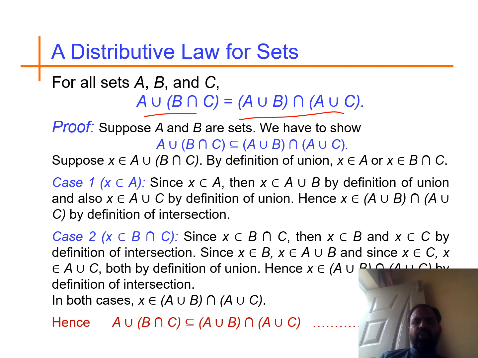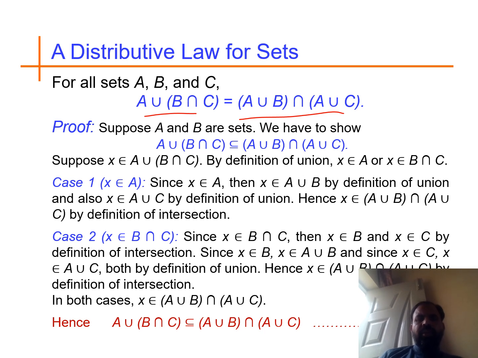First we show the left hand side is a subset of the right hand side, and then we show the right hand side is a subset of the left hand side. If both sides are subsets of each other, then both sides are the same.